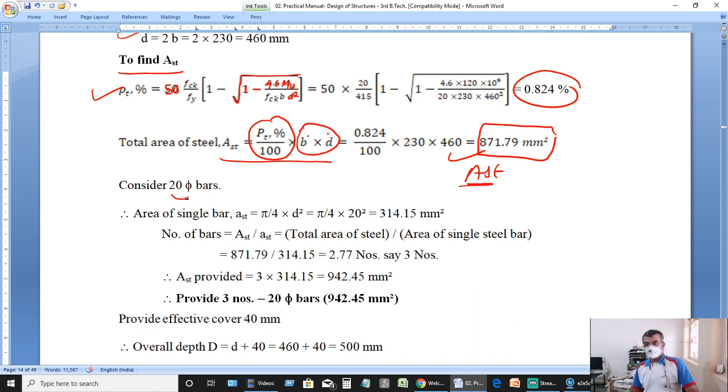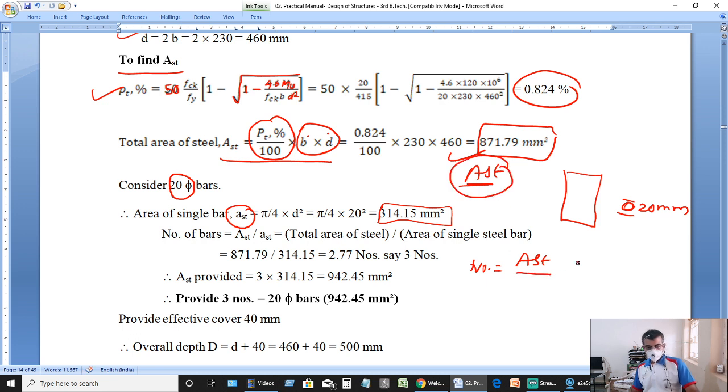So we try with 20 mm bars. We assume that in this section we will provide bars having diameter equal to 20 mm. So area of one bar, small Ast, is pi by 4 d square, d is equal to 20 mm, so that is 314.15 mm square. And the number of bars will be the total area of steel required divided by the area of one bar that you are going to provide.